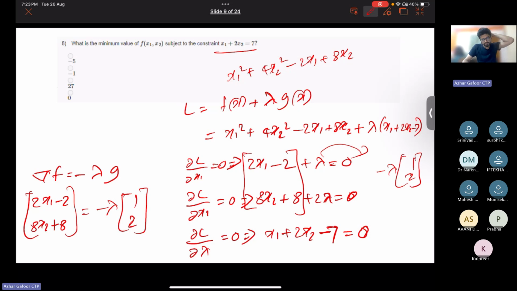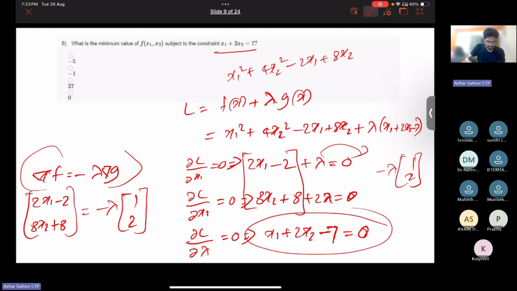It's the same form that we have already studied, that is, grad f and minus lambda into grad g. And this is the final constraint that we have. By combining the three equations, we will be able to find the solution. From here, finally we'll end up with the answer 27. Please try it.